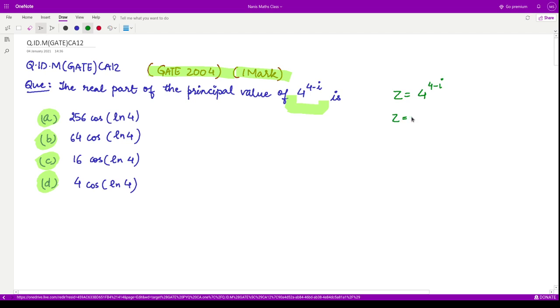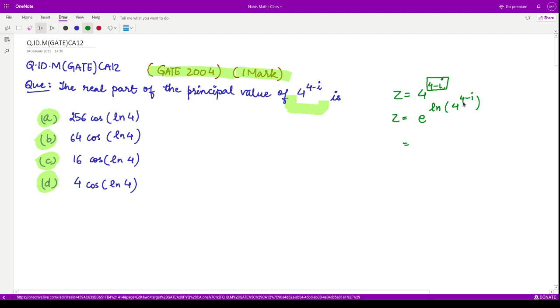So what we can do over here is, whenever you have a complex number in the power, you just define the function like this: e to the power log of 4 minus iota. Why have we done this?